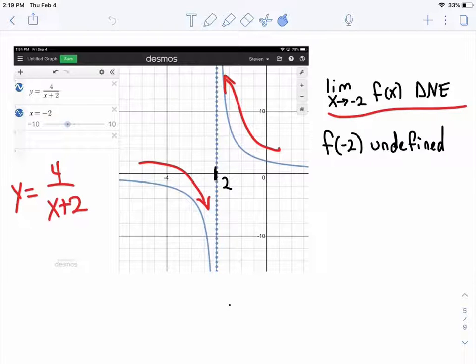And then what about f of negative 2? Well, if I try to put negative 2 into that equation, I get division by 0, and we can't divide by 0. So f of negative 2 is undefined. So here we do not have a limit, and here the function value is undefined.